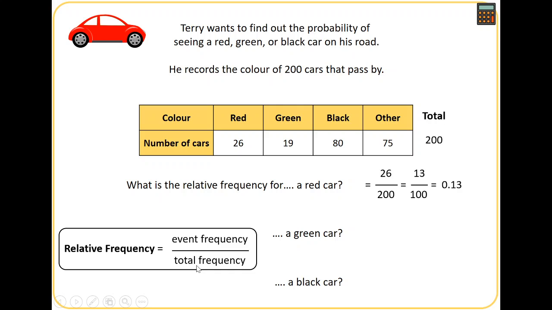So we're going to do 26 out of 200, which would be 0.13. Green is 19 out of 200, 0.095. And black is 80 out of 200, which is 0.4. Okay.